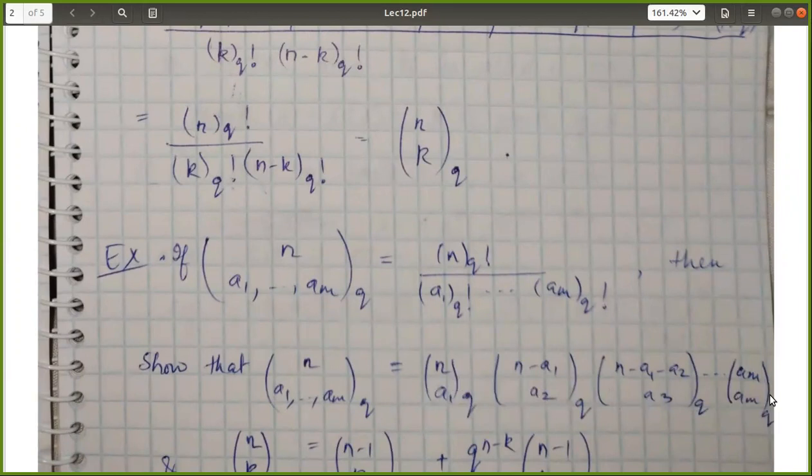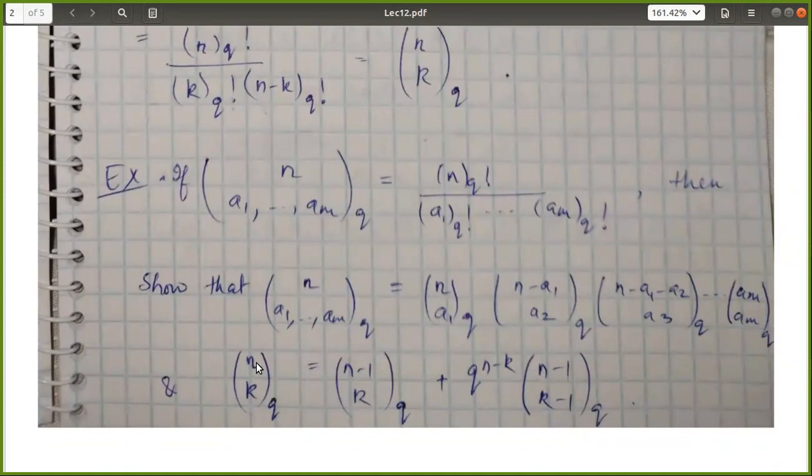Yes. So the q binomial coefficients together in this form give you the q multinomial coefficient. Okay.